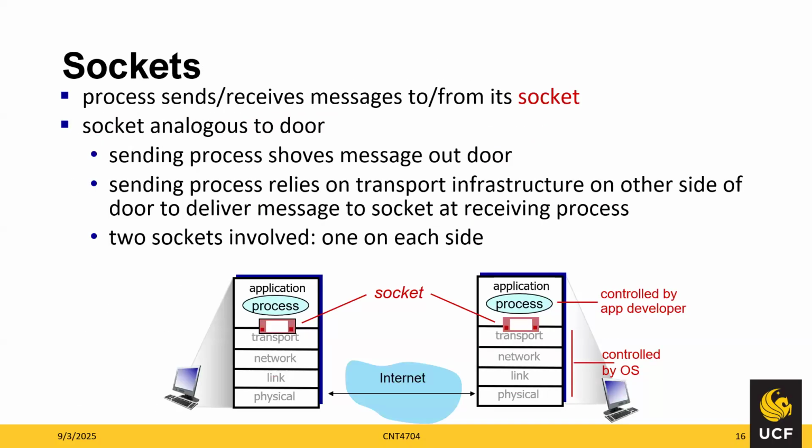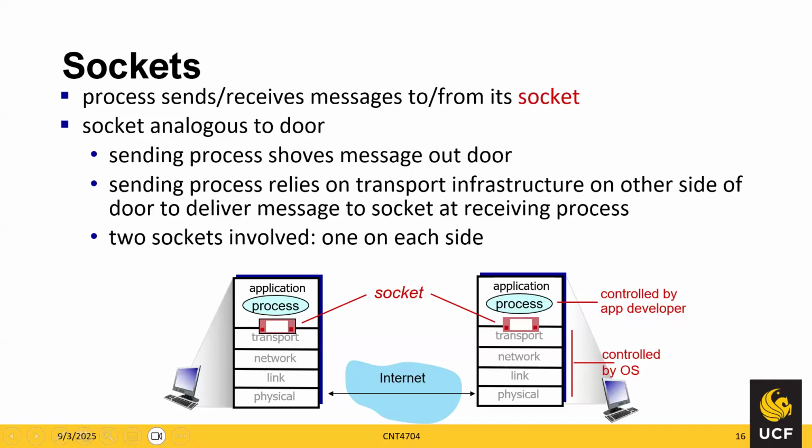Now, to speak about sockets and give you a visual of it, we know that an application is created and it can have many processes. The socket is the interface that delivers the process to the other side.